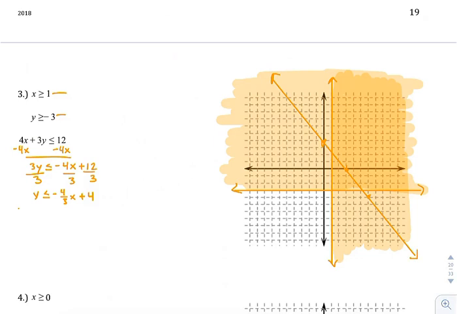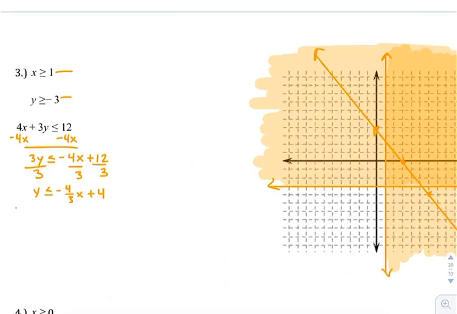So you guys can plug your test point in. I want to show you another way though also.